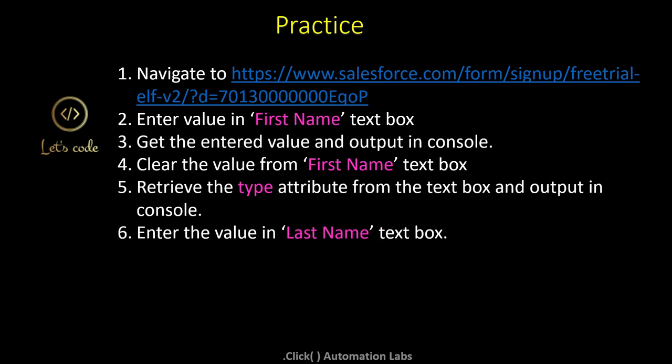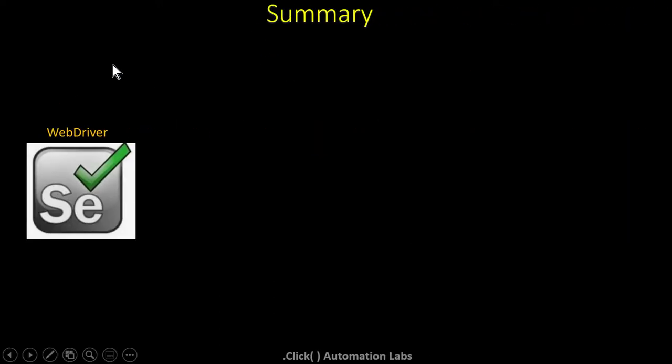We have seen some examples so far: how do we interact with the text box, how do we clear the text box value, and how do we get the attributes. So let's do this simple exercise again. Just copy these, these are the different steps we need to do.